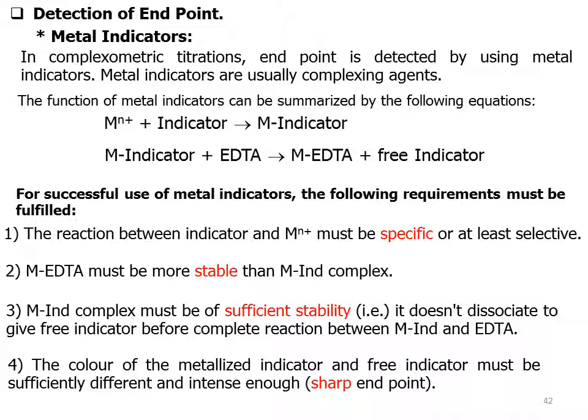Number four, the color of the metal indicator complex and free indicator must be sufficiently different and intense enough, giving a sharp endpoint. So I highlighted the most important wording in each point: specific, stable, sufficient stability, and sharp endpoint, the 4S rule.